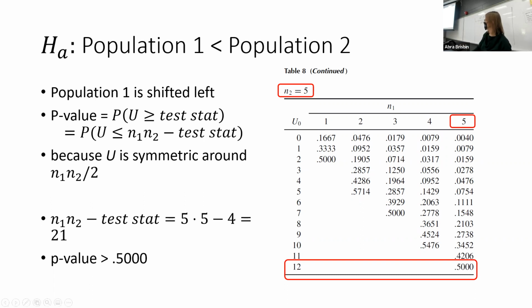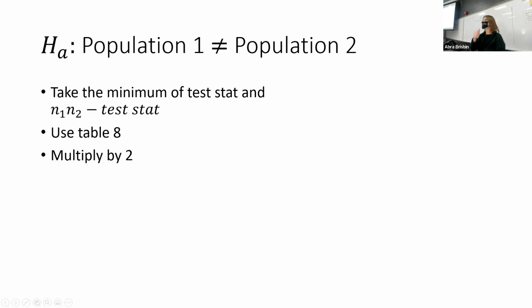All right, and finally, if we're testing a two-sided alternative hypothesis, just that the population distributions are different, then we take the minimum of the test statistic and N1 times N2 minus the test statistic, and use table 8 on that.